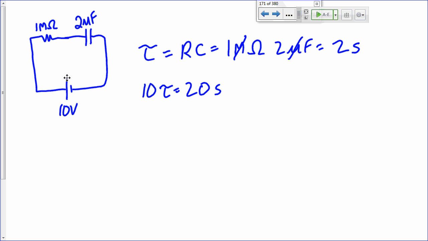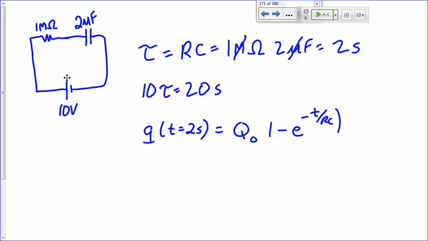All right, I could ask a couple different things. For example, what is Q? And I don't know, t equal 2 seconds, just to make the numbers easy. That would be Q naught times 1 minus e to the minus t over RC. Don't bother memorizing the equation, it'll be on your sheet.